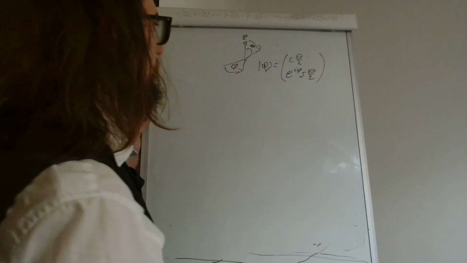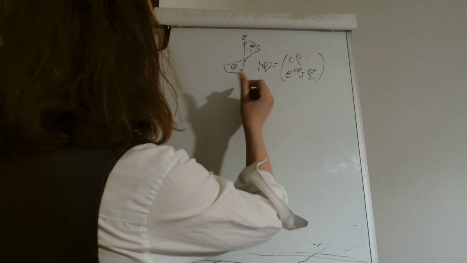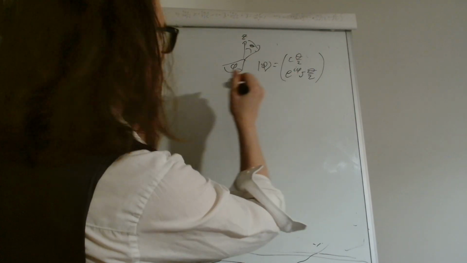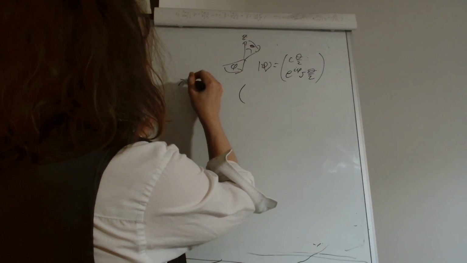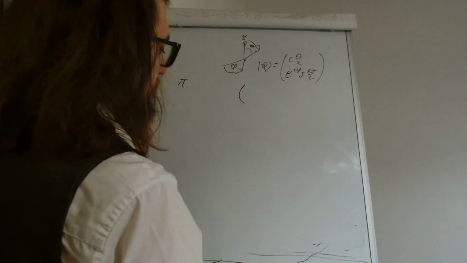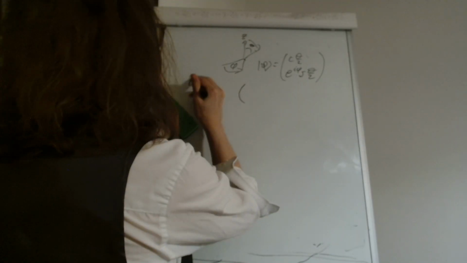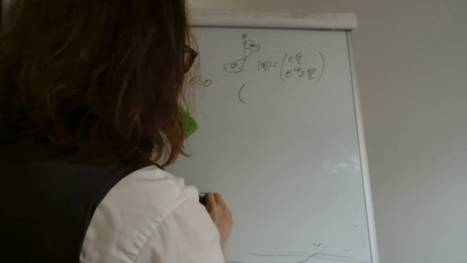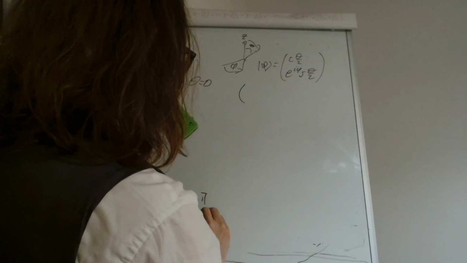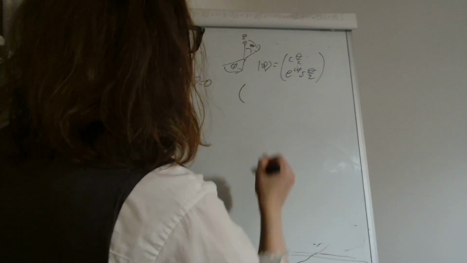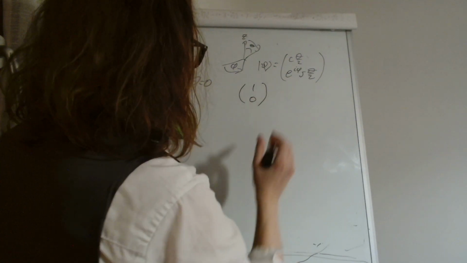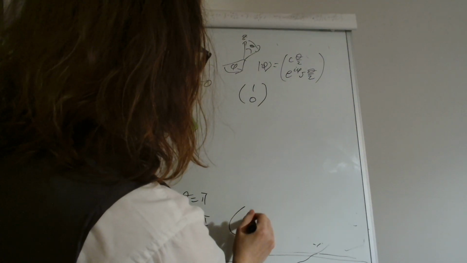Now we check with the z-axis. We have here cosine of theta over 2, and here theta equals 0, and here theta equals pi, so theta half equals pi half. So here we get 1, 0, and here we get 0, 1.